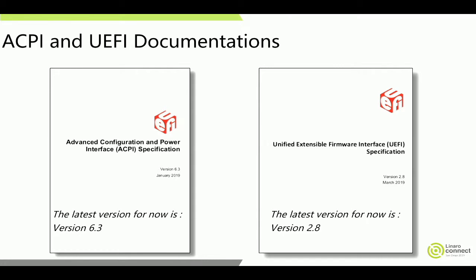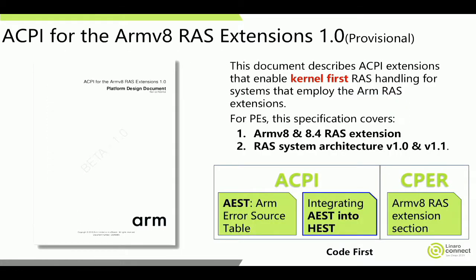the CPER error format. But there's another document for the ARMv8 RAS extension. You can just Google this, because I also Googled this and downloaded it. And this documentation gives you an idea how to deal with RAS by the kernel first mechanism.